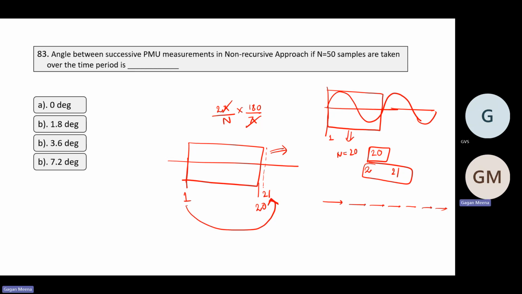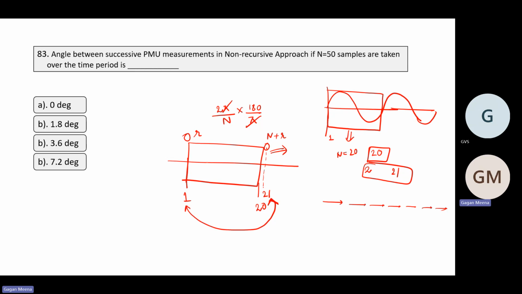The recursive formula uses the DFT of the previous window and the difference between the 21st sample and the first sample. So it is n plus r minus r, where r here is 1 and n is 20.